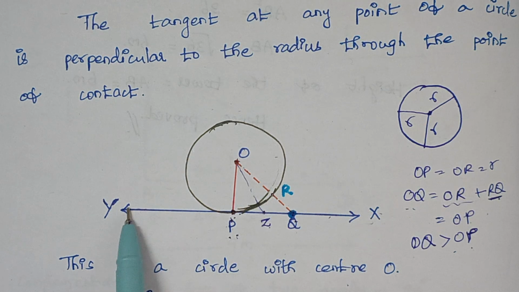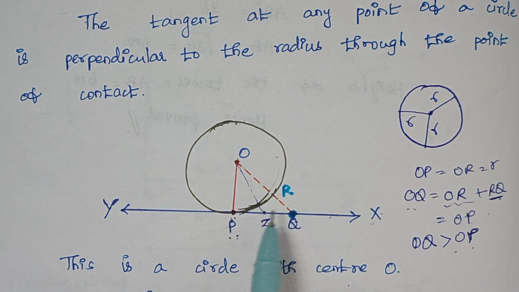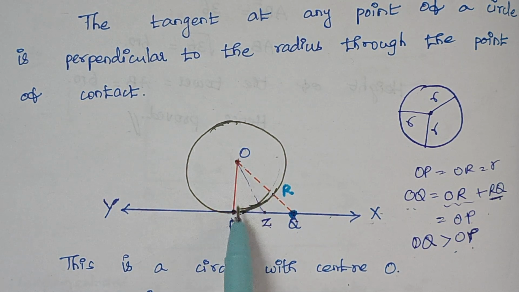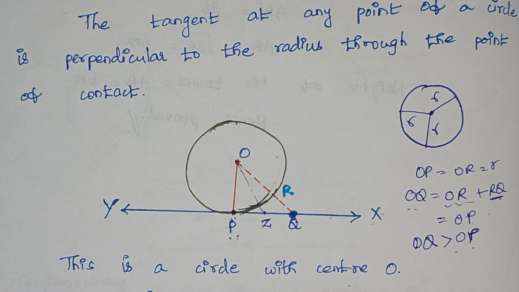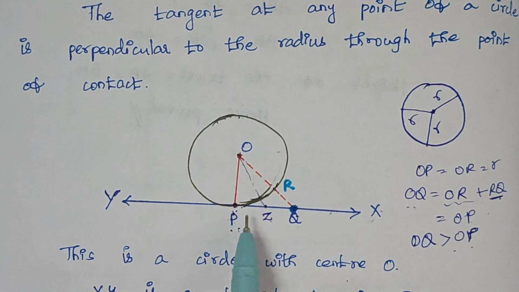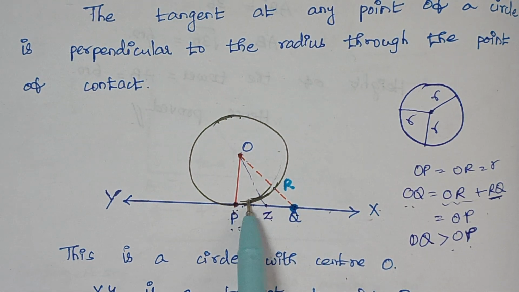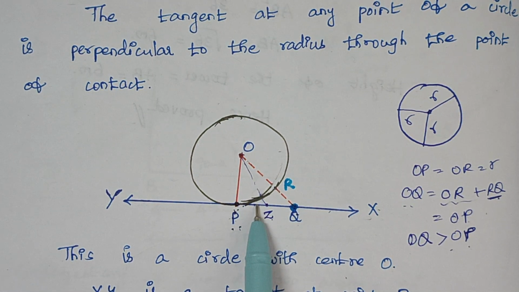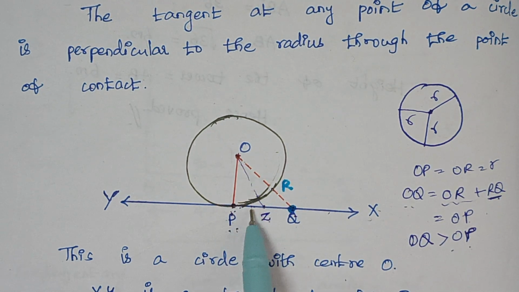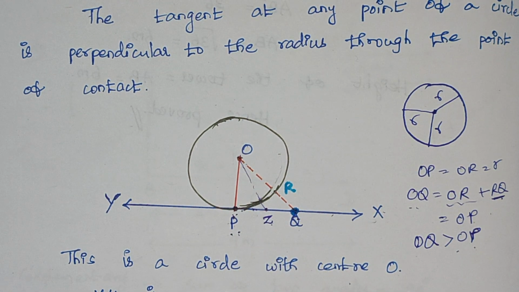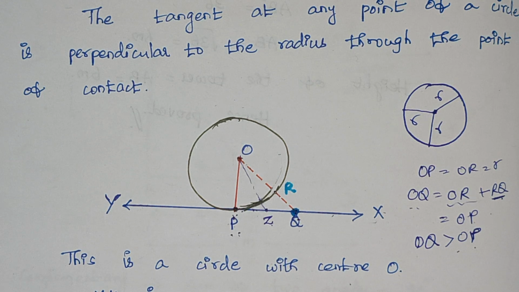When you compare all those lines with this line OP, finally OP will be the smallest line. In the same way, even if you keep a dot over here, it is greater than the radius. This is only the radius, but it is greater than the radius. So obviously OP will be less than the rest of the points.